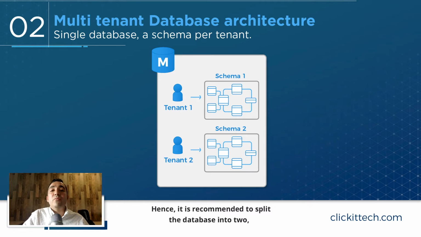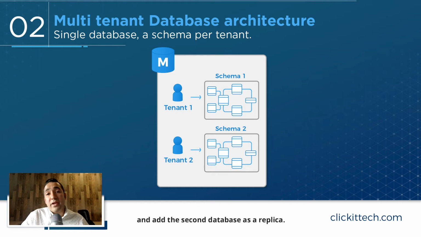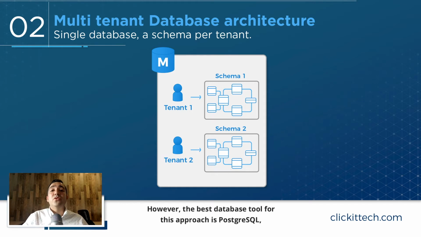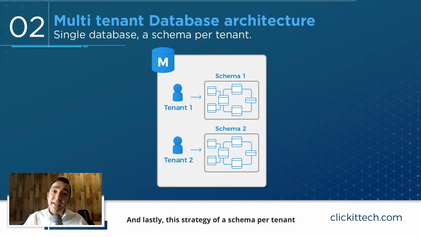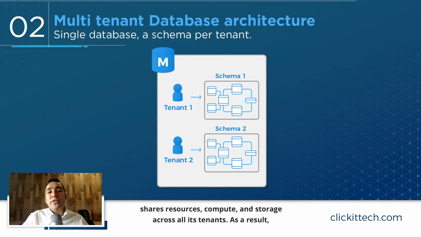Hence, it is recommended to split the database into 2 and add the second database as a replica. However, the best database tool for this approach is Postgres, which supports multiple schemas without much complexity. And lastly, this strategy of a schema per tenant shares resources, compute, and storage across all its tenants. As a result, it provokes noisy tenants that utilize more resources than expected.